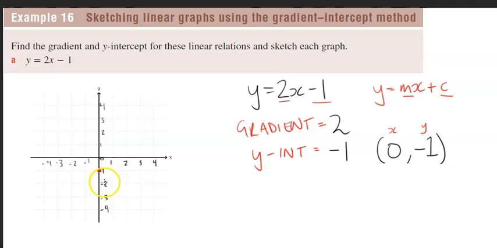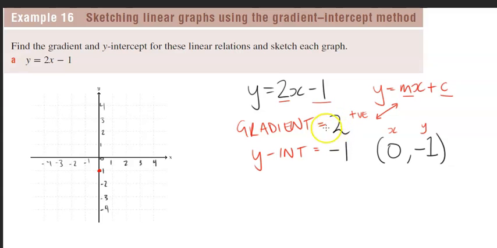And I know for a fact that from left to right, knowing that my gradient is positive, it's going to go up this way. Now, I'm not actually going to determine the x-intercept. I can use that skill set to try to figure out where the x-intercept is and then draw a straight line from that.